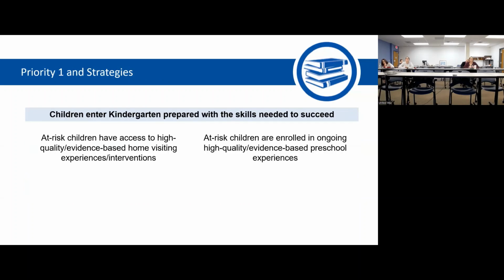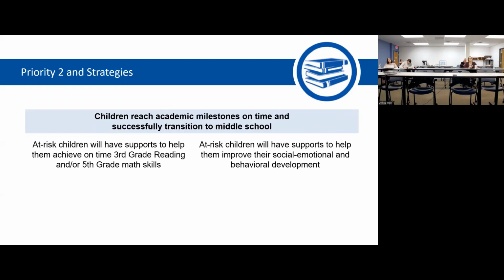Then let's see. Going through each of our priorities and strategies here. For kindergarten readiness, really we're looking at preschool or preschool-like experiences, and then home visiting interventions. Those are the two strategies that we know are really effective in that early childhood space.